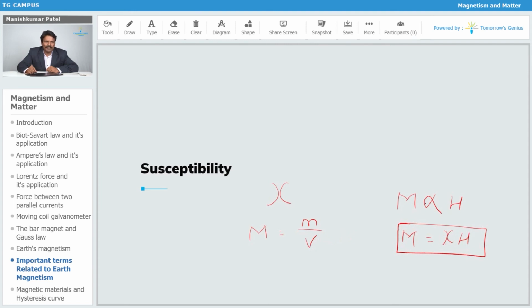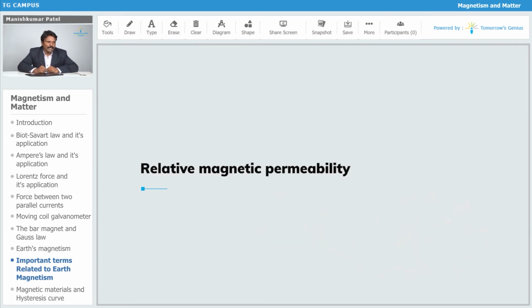Both terms are different. The intensity of magnetization depends on the external source of magnetic field, which is H, and the susceptibility is the ratio of M upon H, which gives the value of susceptibility for this case.